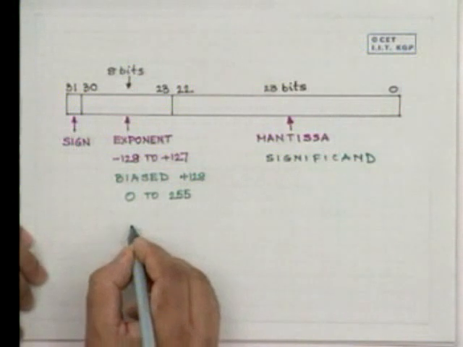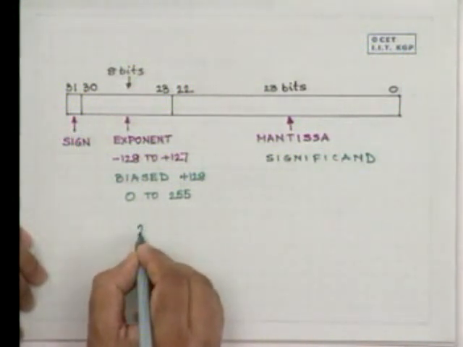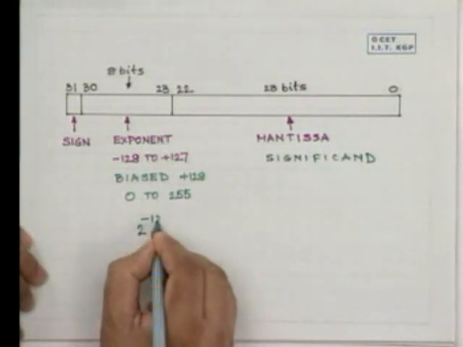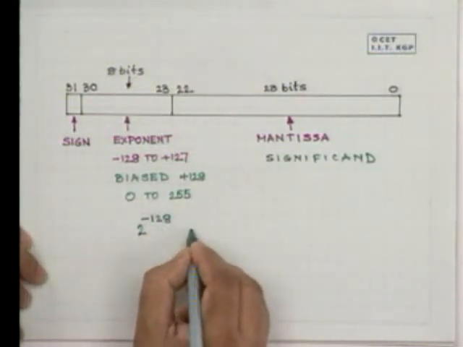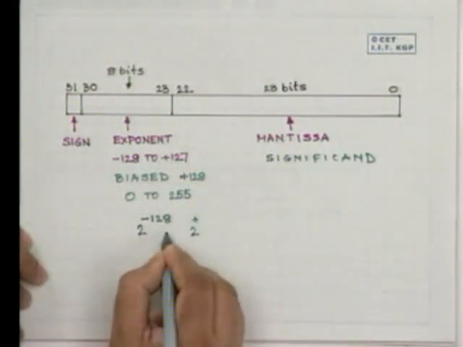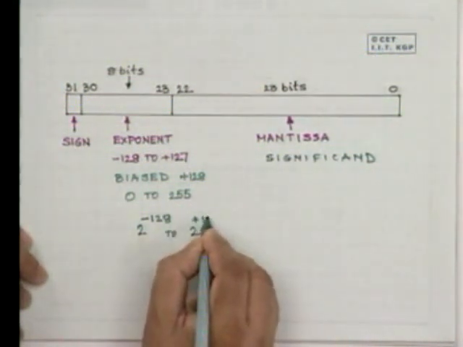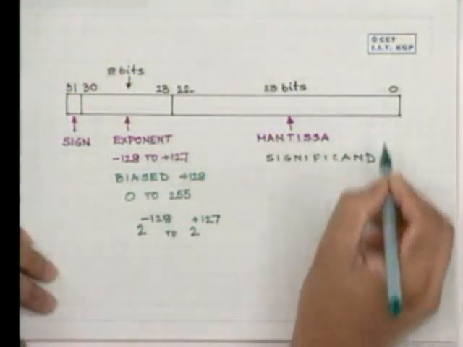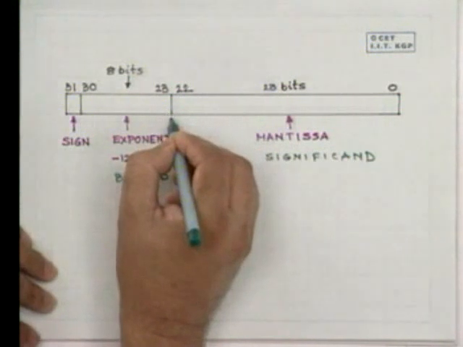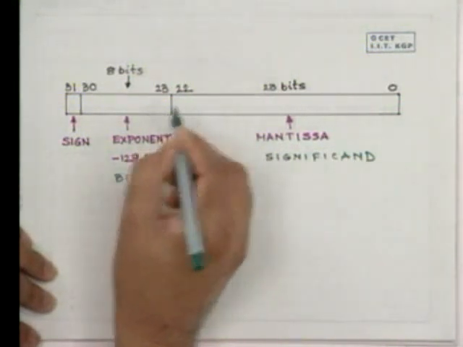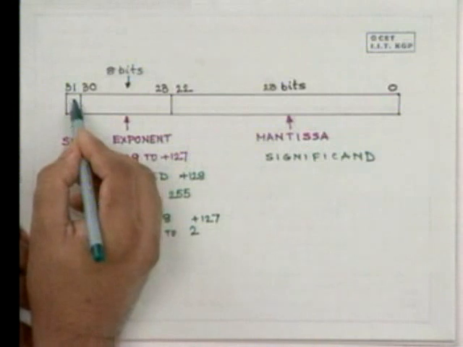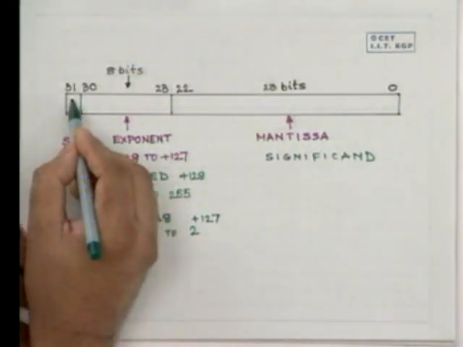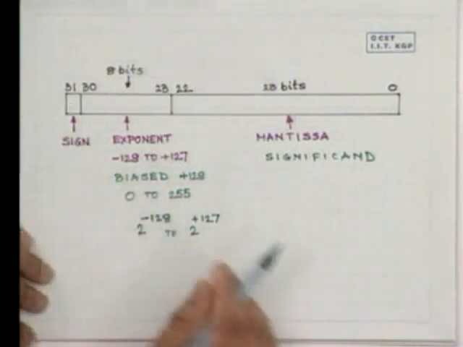Essentially, therefore, we can represent numbers starting from 2 to the power minus 128 to 2 to the power plus 127 multiplied by whatever the mantissa is representing with a binary dot at this point, and the sign of the number is represented here. If it is positive, then it is 0. If it is negative, this is 1.